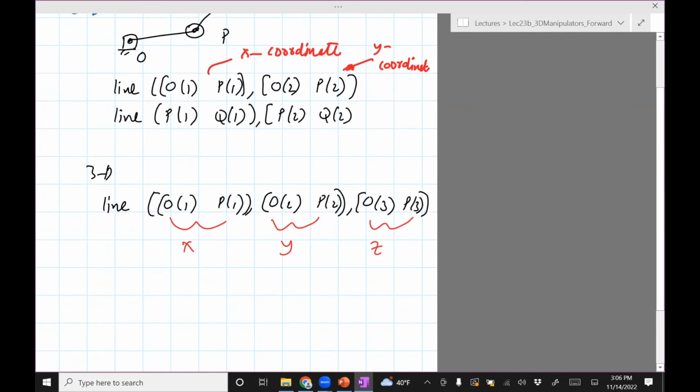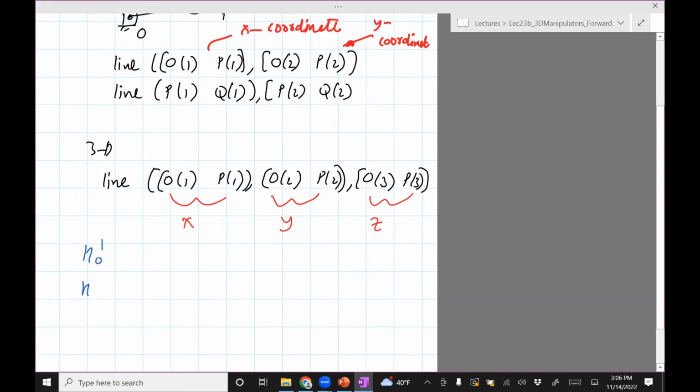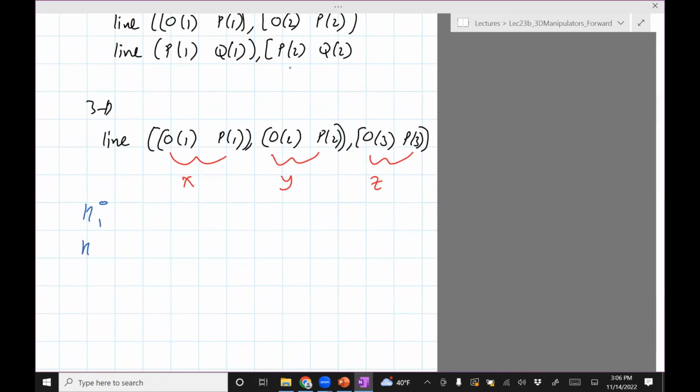Okay, now how do you get these links? How do you get the endpoints? You have to use H's. So H01 will give you, so you compute H01, H10, H20. This is known. This is H21, H10, H21. H30 is H10, H21, H32.